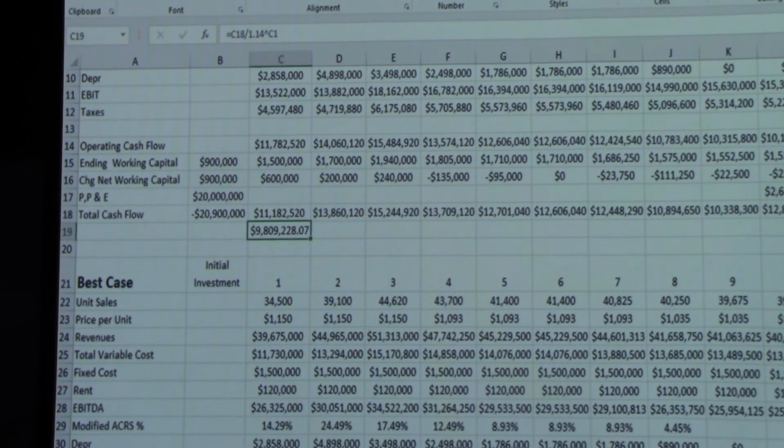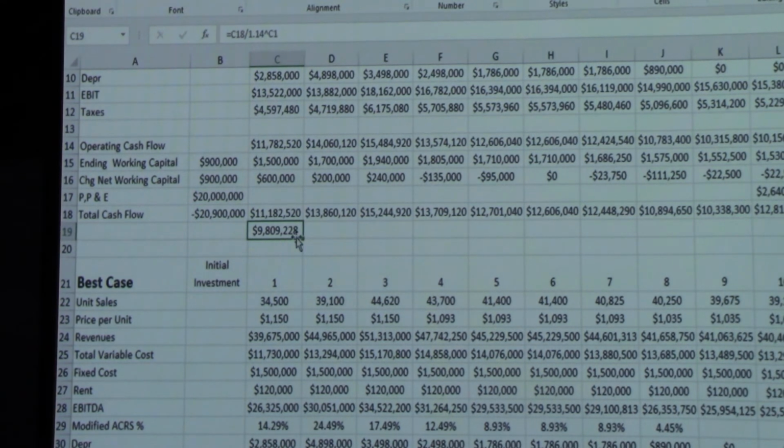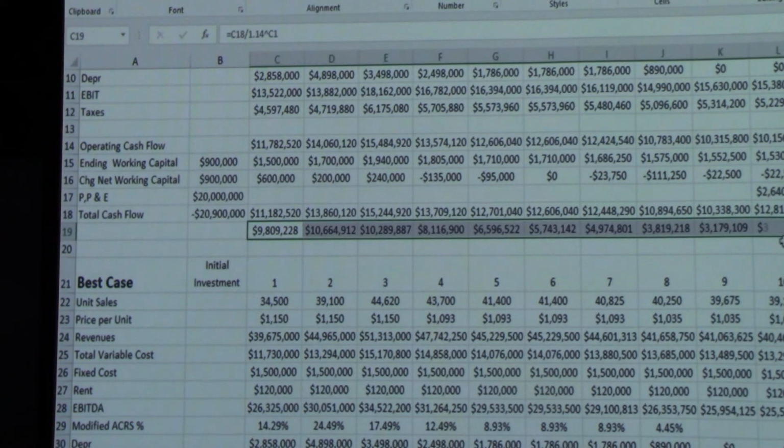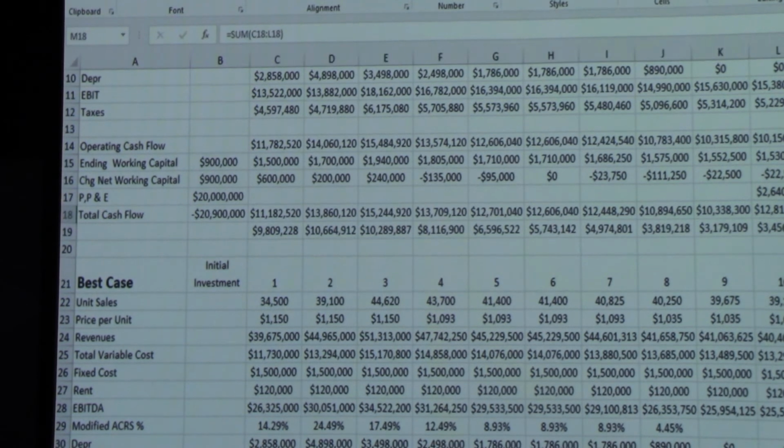Now, let's go ahead, and we don't want any cents in there. It takes up space. We don't need that. All right, so let's go ahead and drag that out. Boom. Okay, so now let's go ahead and see what our cash inflows are. Told you it was going to go way down. All right.